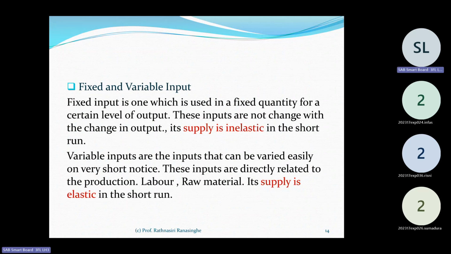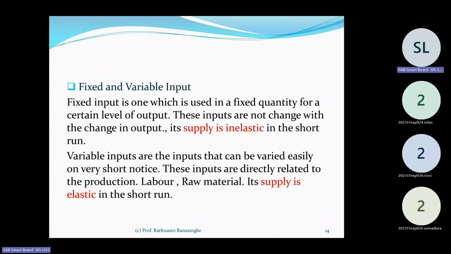Some factors are variable, right? For example, we take labor. We can hire labor, we can increase the labor inputs at short notice, right? So those are the variable factors. So in the production process, we can identify fixed inputs and variable inputs.